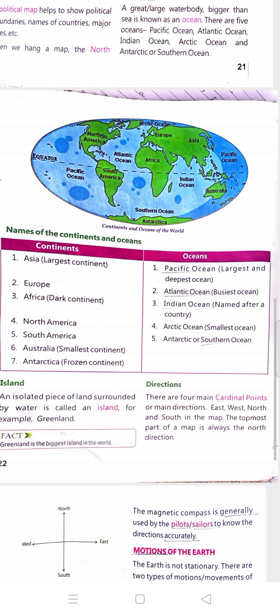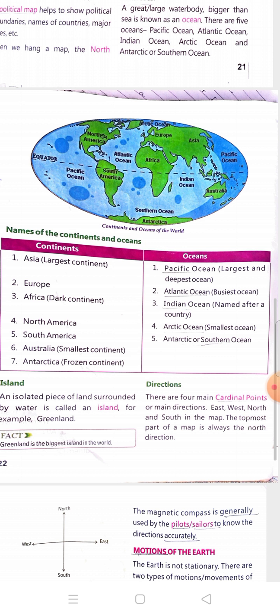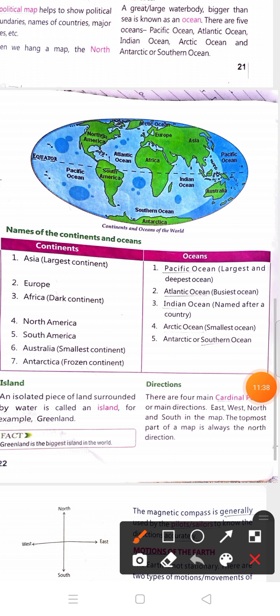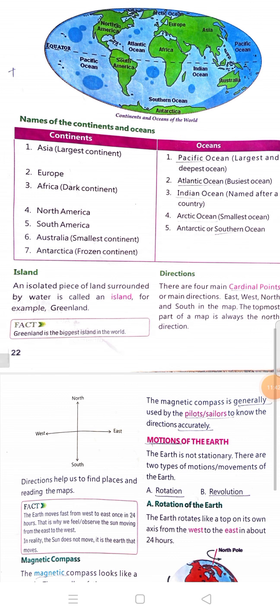Now I am going to read the oceans: Pacific Ocean, Atlantic Ocean, Indian Ocean, named after a country, Arctic Ocean, smallest ocean, Antarctic or Southern Ocean.